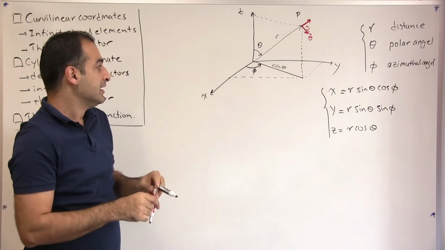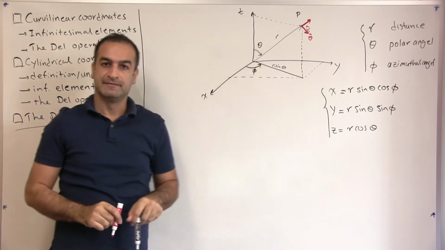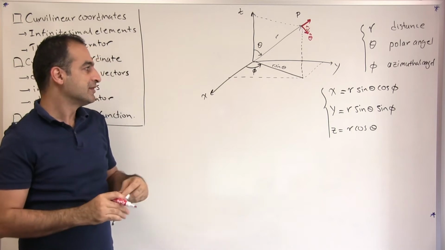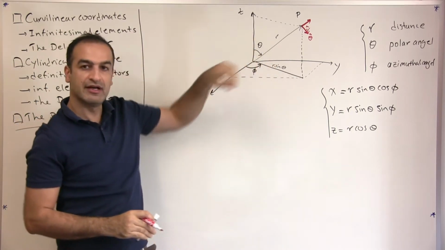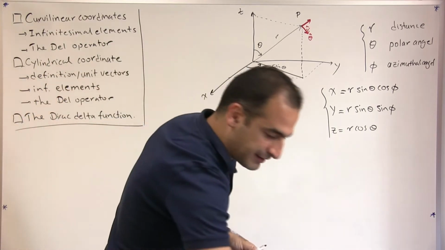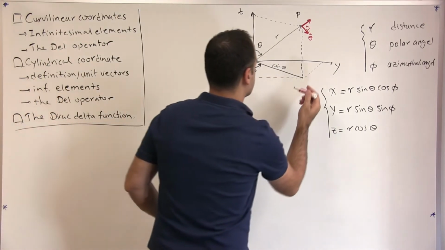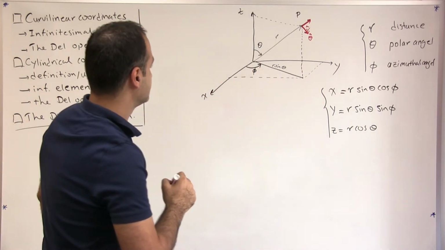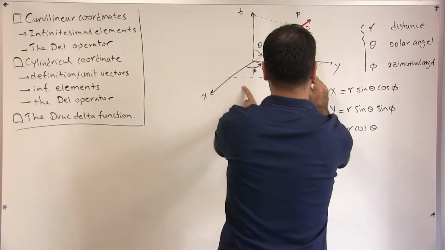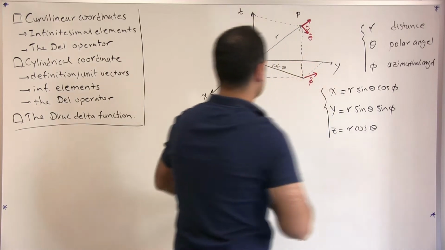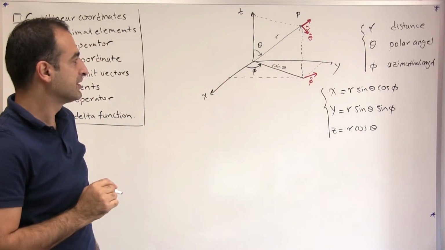Okay, how about phi hat? If we increase phi just a little bit, we can easily imagine on the xy plane that we're going to have a vector pointing in something like this direction.